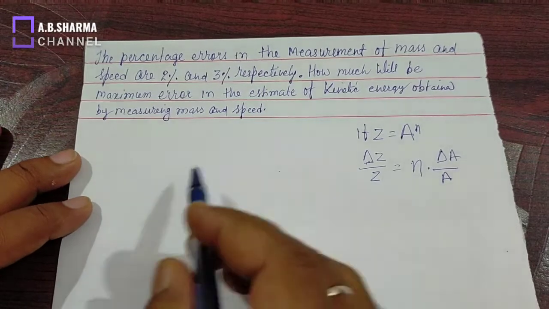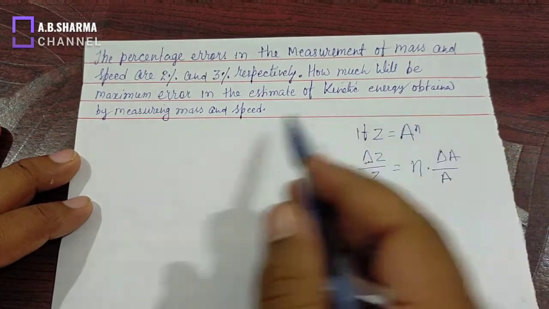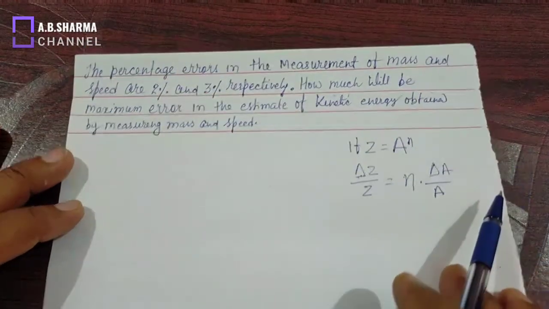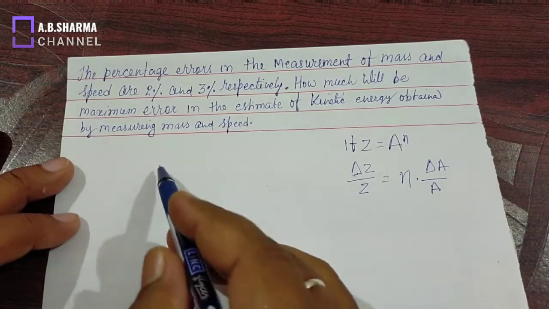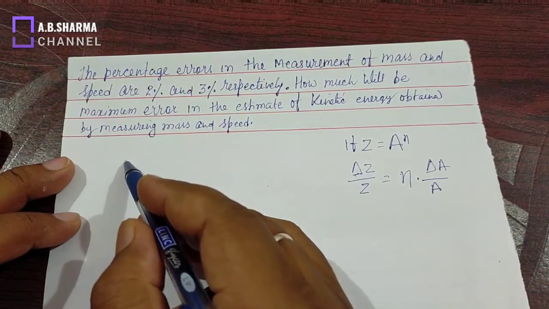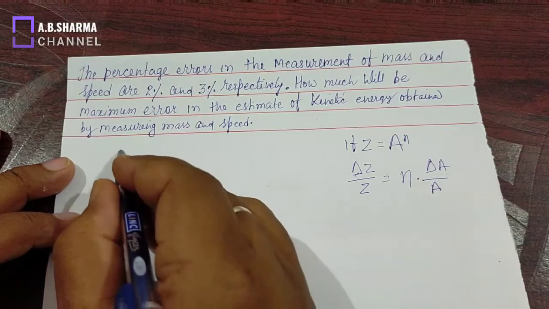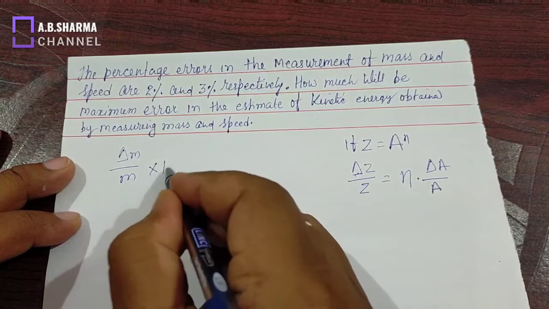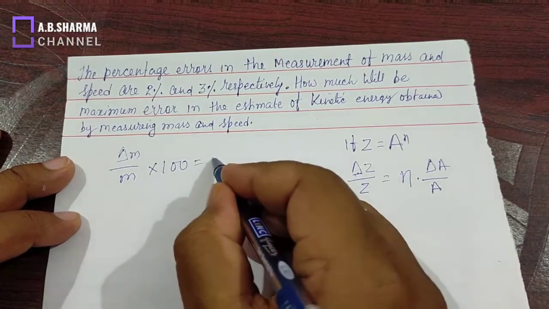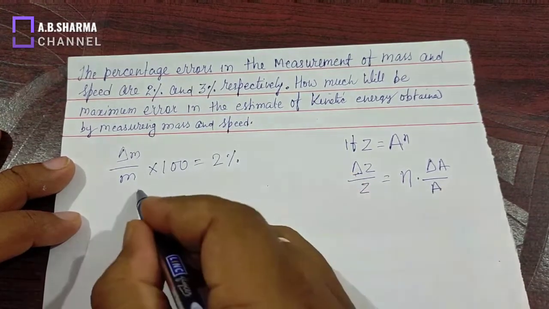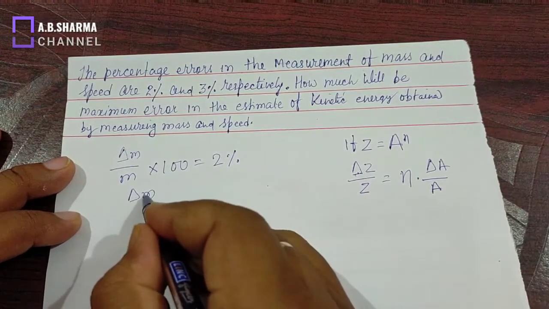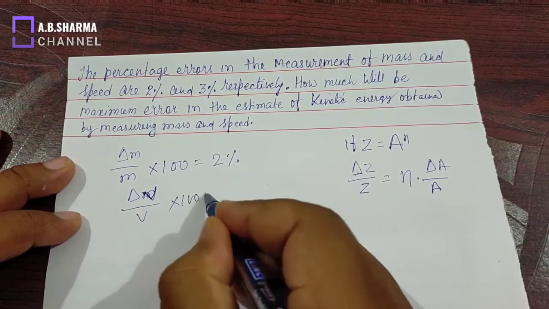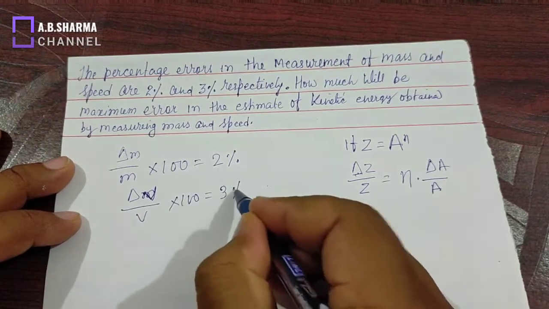So now calculate the percentage maximum error in the estimate of kinetic energy obtained by measuring mass and speed. Write the percentage error of mass and speed, that is delta m upon m into 100, which is given as 2%, and delta v upon v into 100 equals 3%.